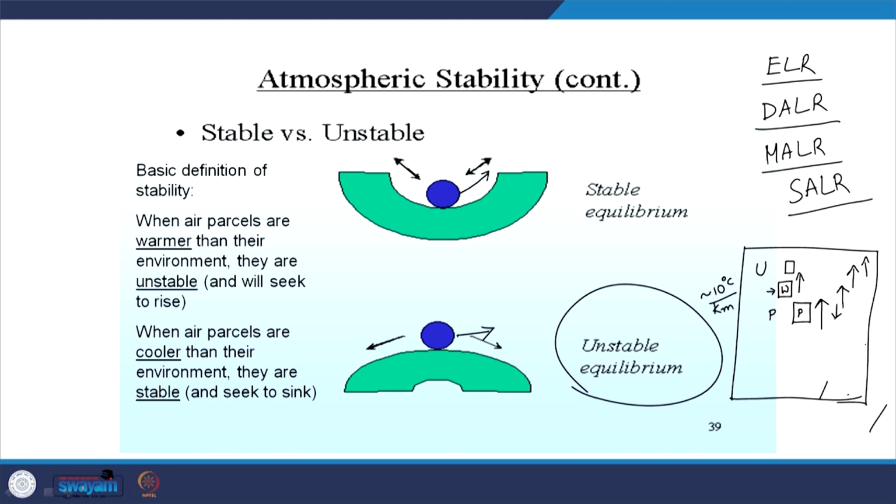On the other side, let us say you displace an air parcel away from its equilibrium; this is the equilibrium position. Now, if the air parcel is cooler at this point, then what happens? Anything which is cooler will try to sink.